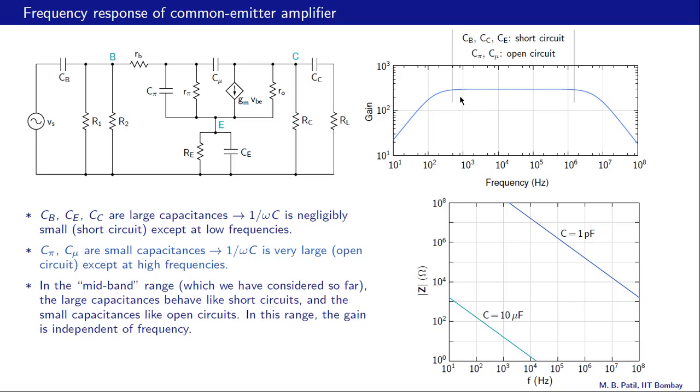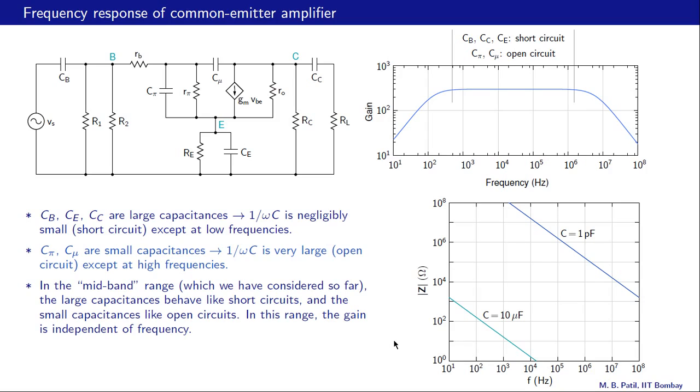Then there is a low frequency region in which the large capacitors, the coupling capacitors and the bypass capacitors, start presenting a sufficiently large impedance and therefore cause a reduction in the gain. Then there is a high frequency region in which the impedance because of C pi and C mu becomes small enough, and that causes a reduction in the gain in this region.